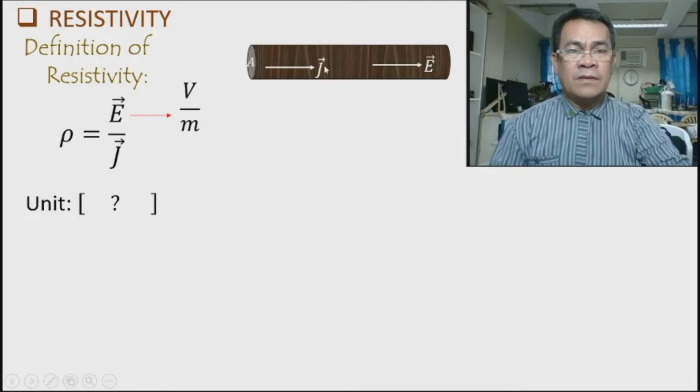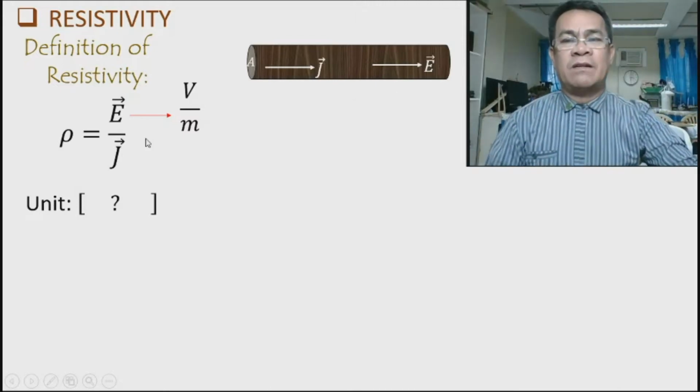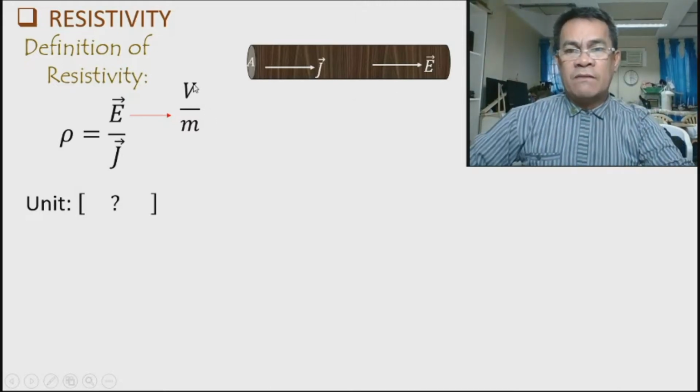So the potential difference is equal to the product of the electric field times the length, just like parallel plates. Therefore, the unit should be volt per meter, because the unit of potential difference is volt and this is the length of the conductor.